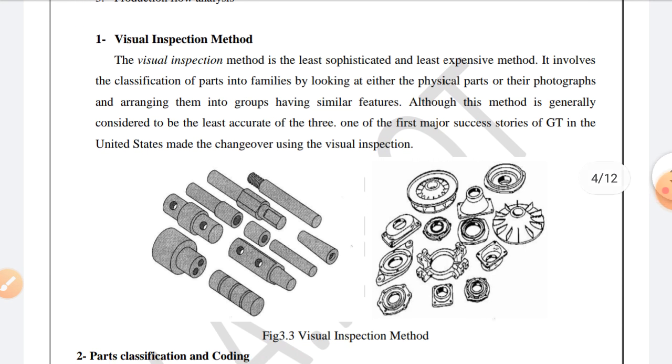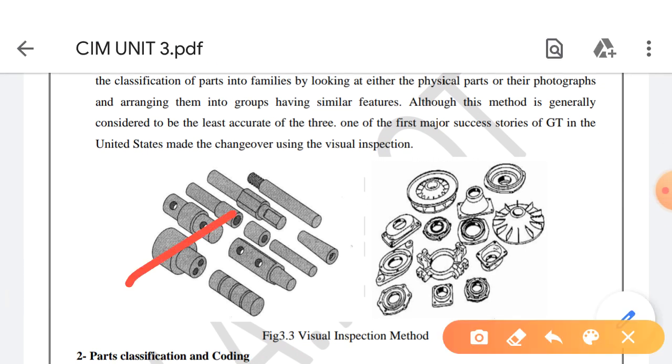In this figure, we have made two divisions on the basis of length and appearance, for example circular parts. Likewise you arrange the components on the basis of physical appearance. This is what we call the visual inspection method.